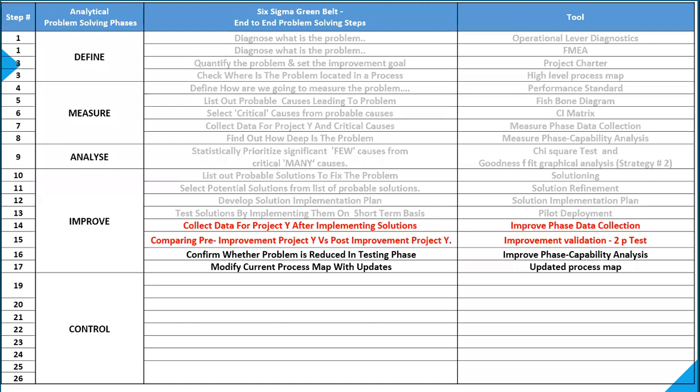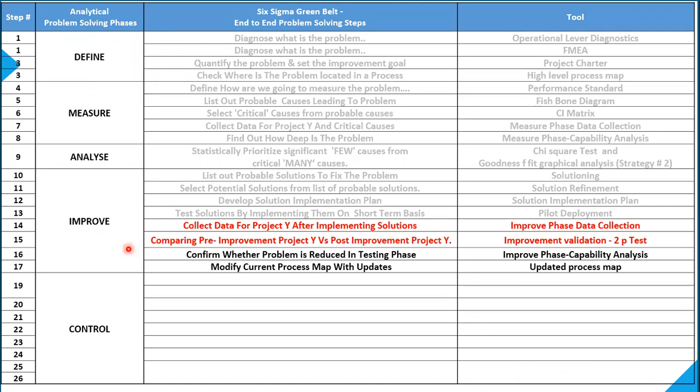Right, so we are done with the quiz as well. This is what we have covered. We have completed our define phase, major phase, analyze phase, and improve phase as well. We started with listing down the probable solutions.